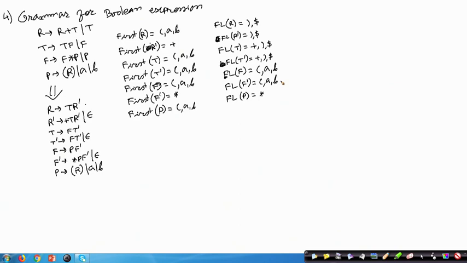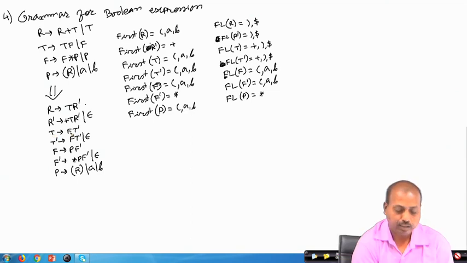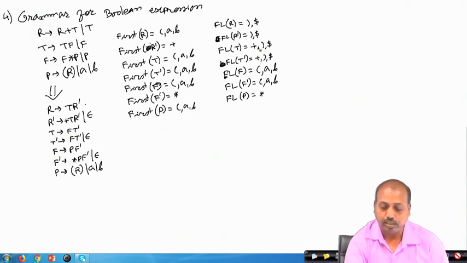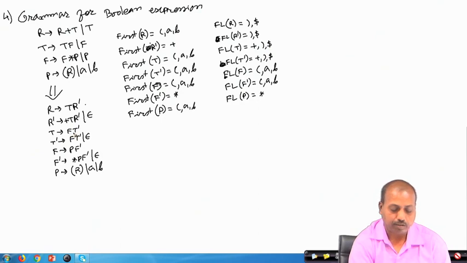And this T dash can give me epsilon, so whatever is in follow of T is also in follow of F. Whatever is in follow of T has plus, close parenthesis and dollar, so they can also come in the follow of F.